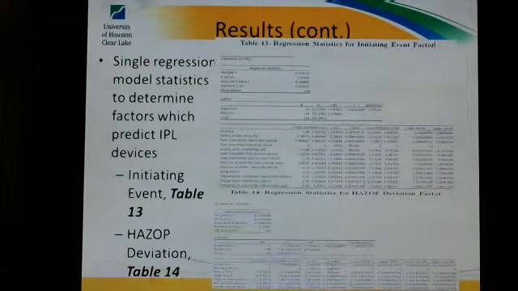Here are some more simple regression models for the other factors that were considered, including initiating event. And then you see some examples, the coefficients and the examples of the factors that were looked at for the initiating event.